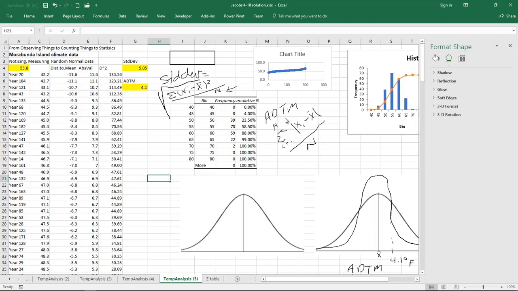Treat the numbers in their native format or their native units. That this n has the effect when you do the standard deviation of having its square rooting effect in here where it doesn't here. And when you have a number in the denominator, when that starts getting smaller, the overall fraction gets larger and larger, and that's why the standard deviation will always be bigger than the ADTM.